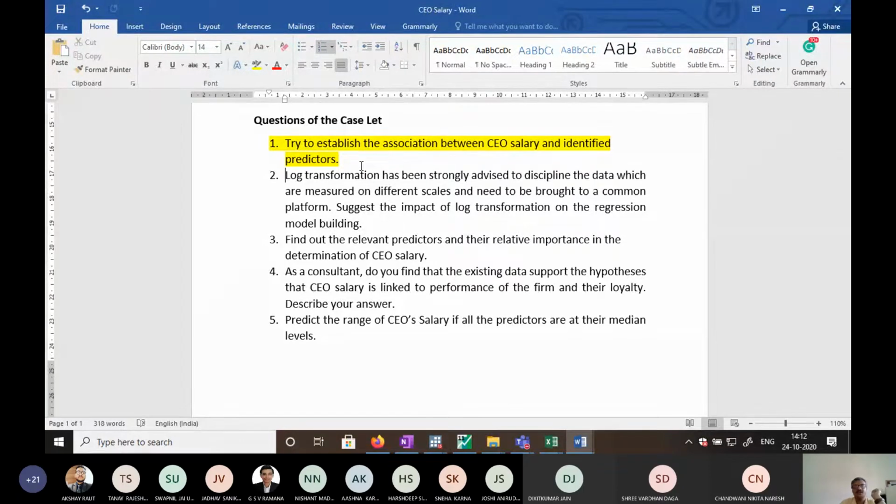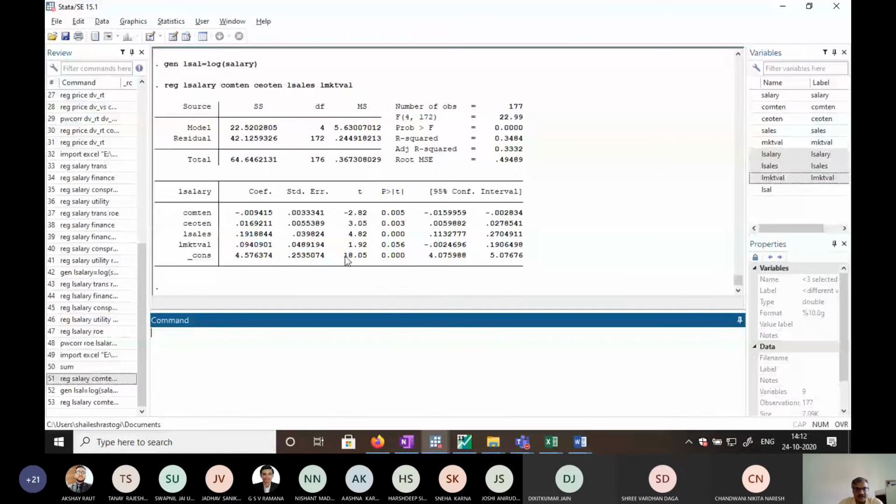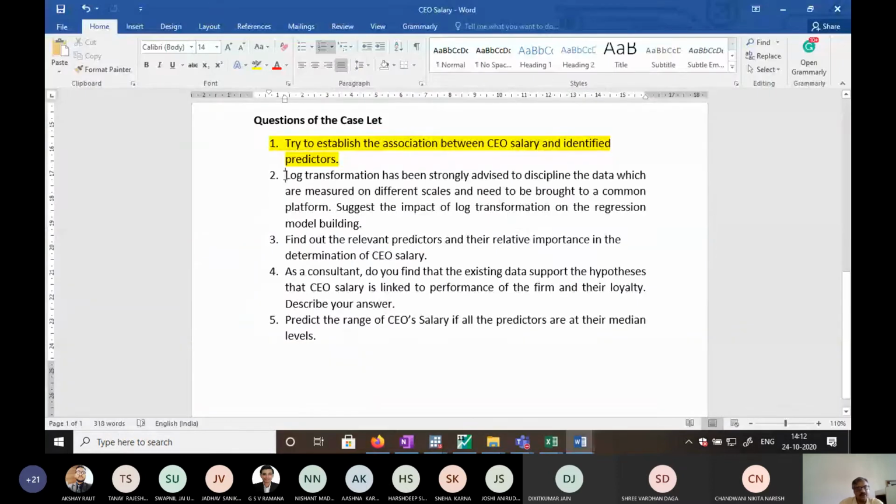Fourth item which we have taken into consideration, market value, is marginally significant, but it is significant because 0.056 is not that big a value from 0.05 that we can ignore. So we'll say that it is marginally significant. So market value is also significant. It is also having its impact on the CEO's salary. So that is the answer to the first question.